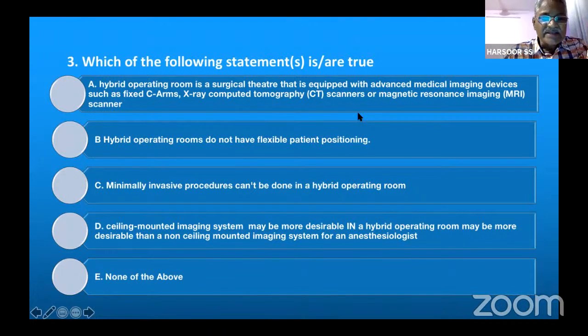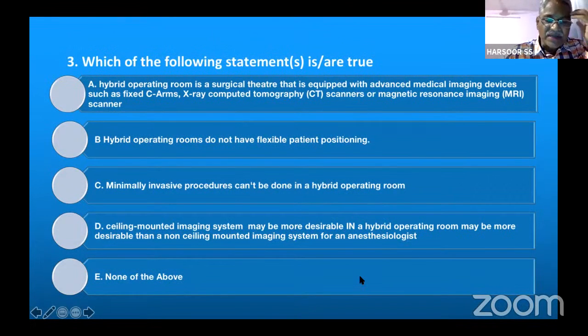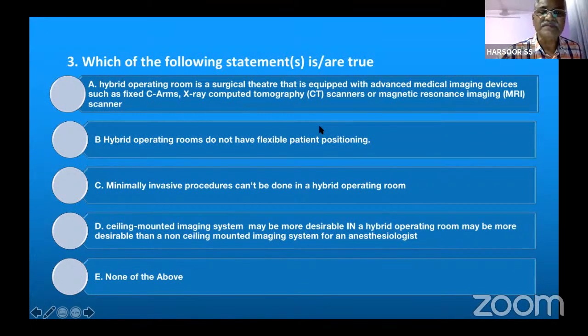The third option is minimally invasive procedures can't be done in a hybrid operating room. Fourth, the ceiling mounted imaging system may be more desirable in a hybrid operating room than a non-ceiling mounted imaging system for an anesthesiologist. And the last option is none of the above. Can you just identify which is the right statement?